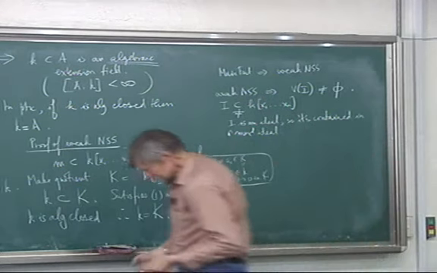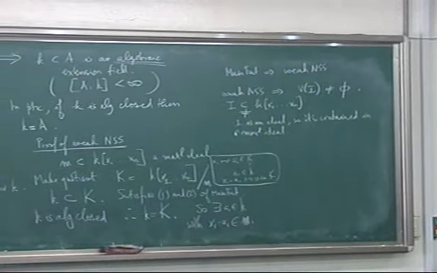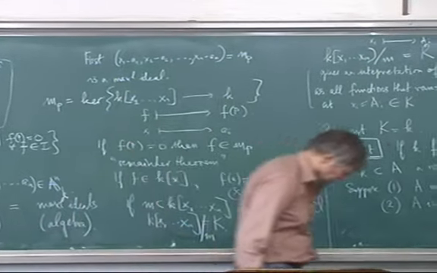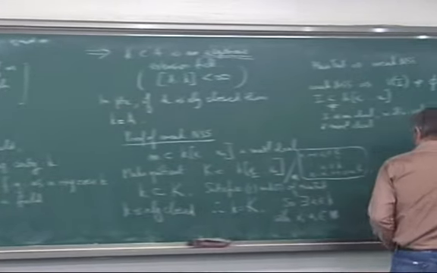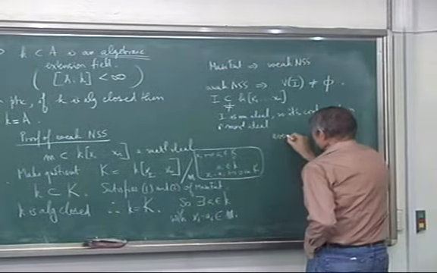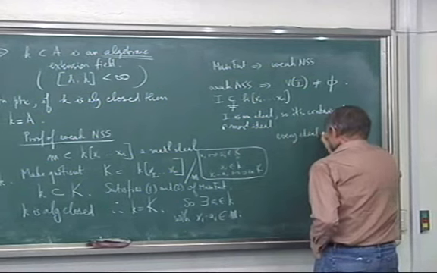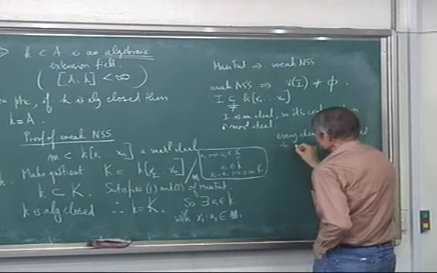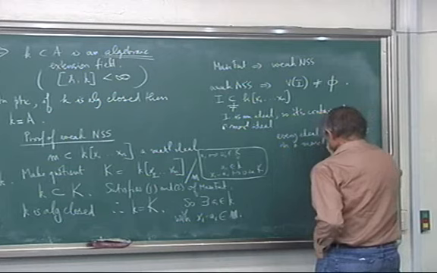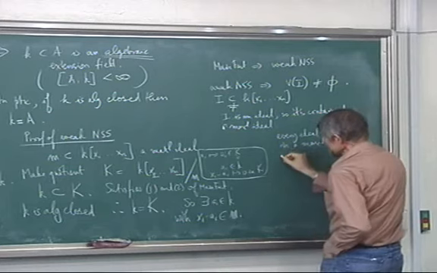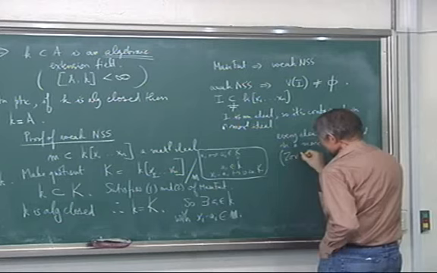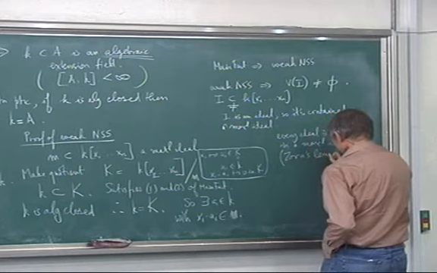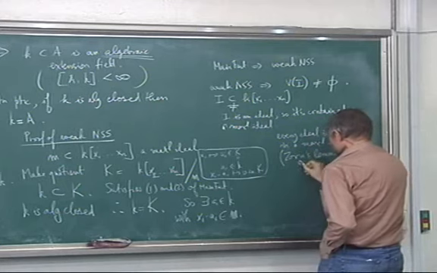On the other hand, you can also do it by Zorn's lemma or the axiom of choice if you want to. Every ideal is contained in a maximal ideal. So this actually uses Zorn's lemma or the axiom of choice, but I'm not interested in logic, in set theory or the axiom of choice.